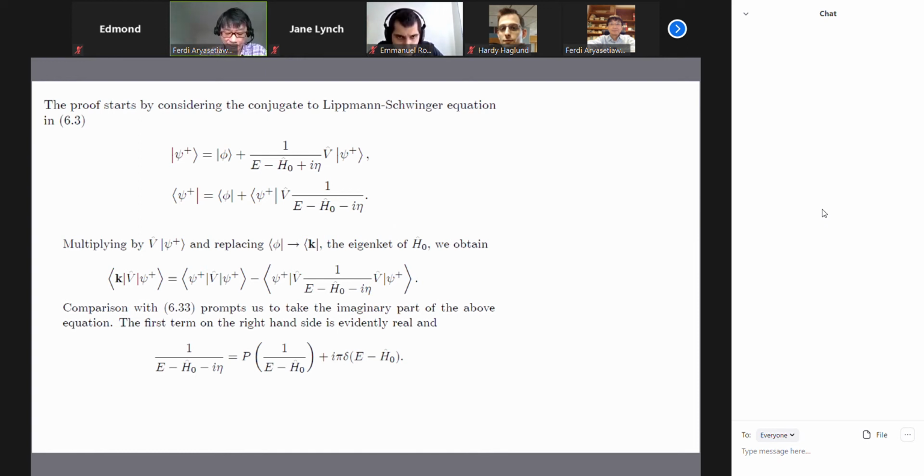So I want to prove now the optical theorem. So the proof begins by considering the Lippmann-Schwinger equation here. So that's the starting point. And then we take the complex conjugate, or rather the Hermitian conjugate. Yes, this is the Hermitian conjugate.